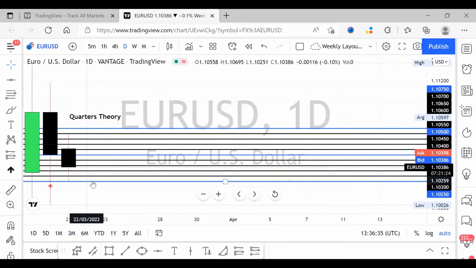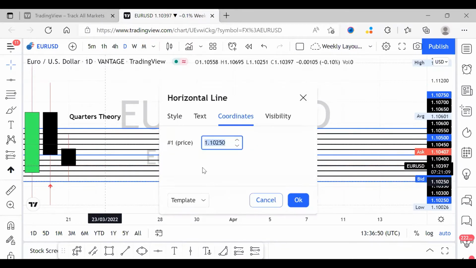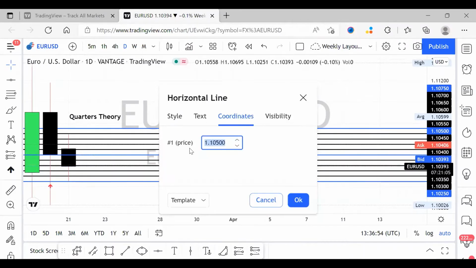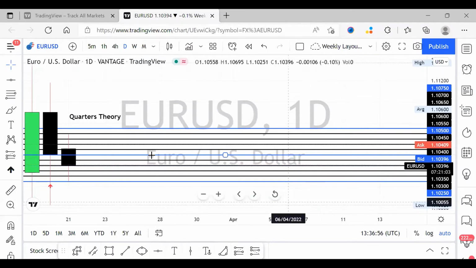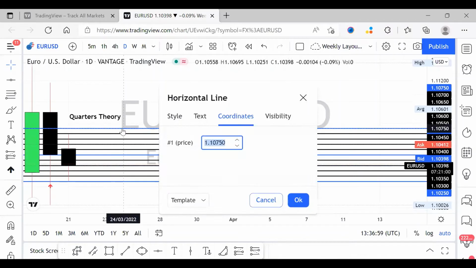Okay, so when I'm trying to tell you that you've got to hold your trades for 100 pips, 200 pips, 250 pips, you can do this with quarters theory. Okay, so each blue line is 250 pips. So if you look here, 250, the next blue one is 500, the next one is 750.